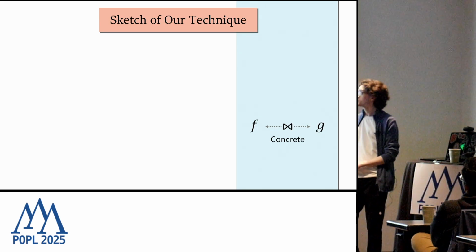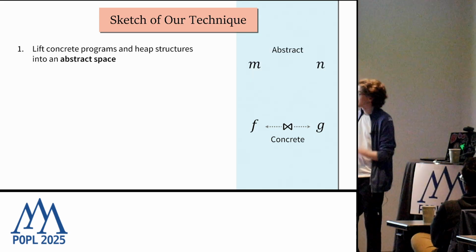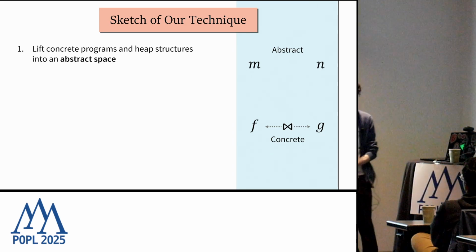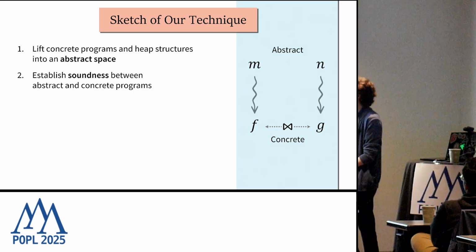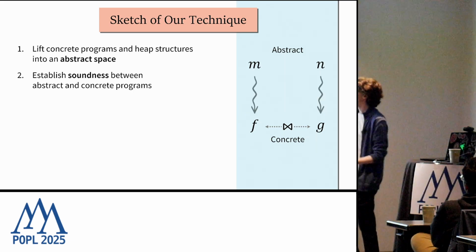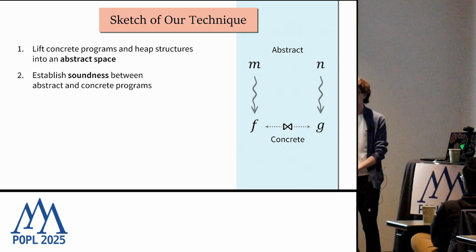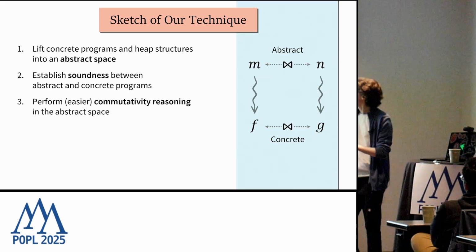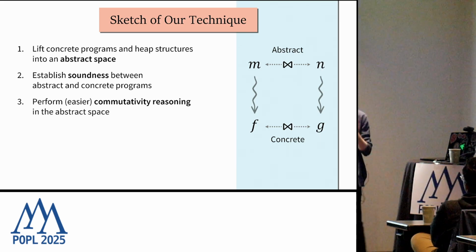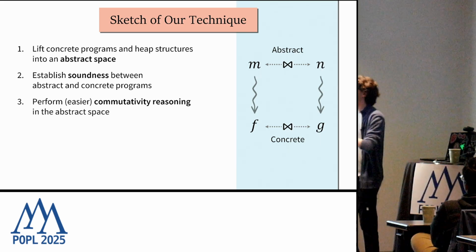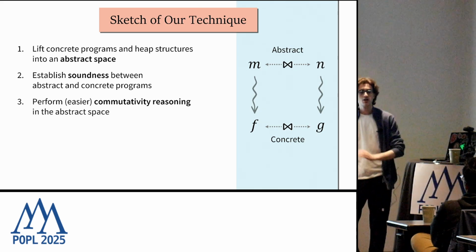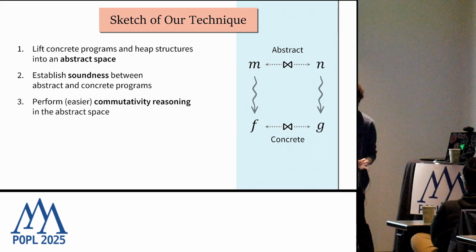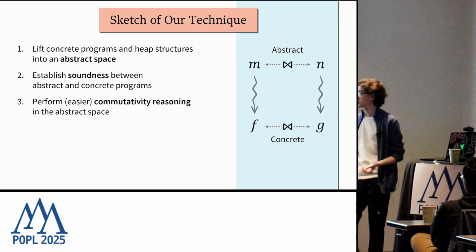The first thing that we do is we lift our concrete programs and our heap structures into our abstract domain, then establish a soundness relationship between our concrete and abstract programs, then analyze commutativity in the abstract space, which we'll see is way, way easier because we're going to be working with pure mathematical functions over mathematical objects for which a variety of tools and techniques already exist to do that kind of analysis very efficiently.